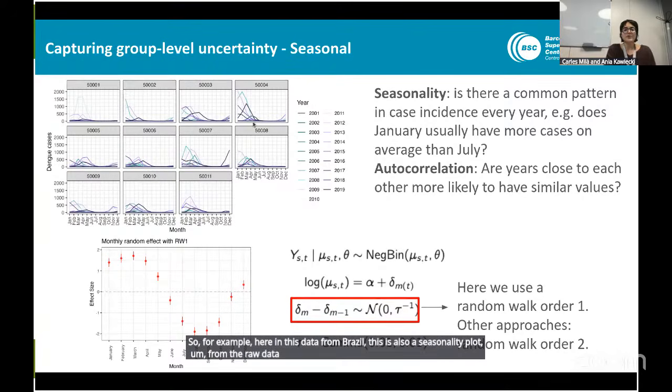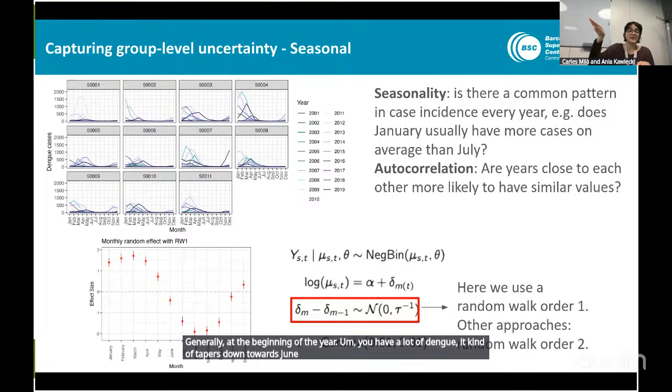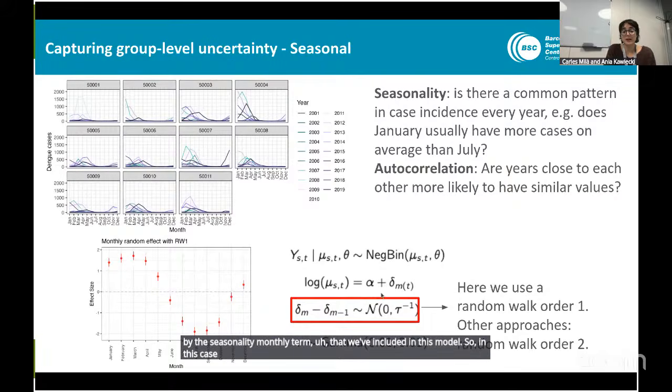You see that generally at the beginning of the year you have a lot of dengue. It tapers down towards June, July, and then in August it kicks off again. You can see that very well captured by the seasonality monthly term that we've included in this model. In this case, here we have our delta M for month.